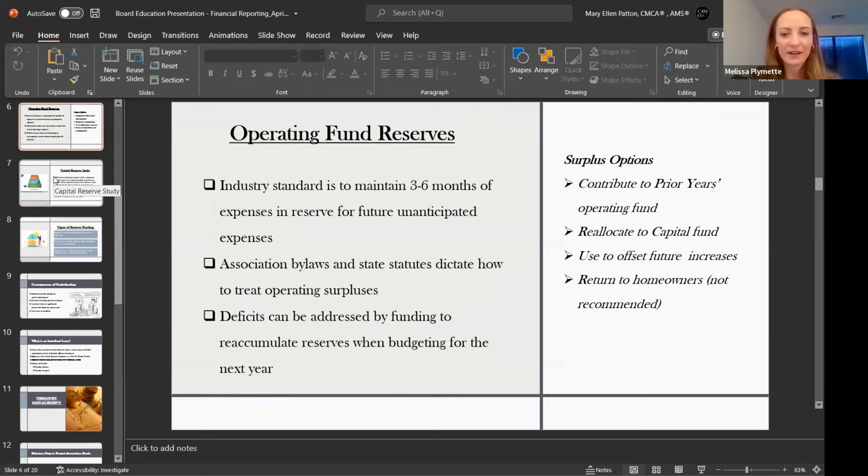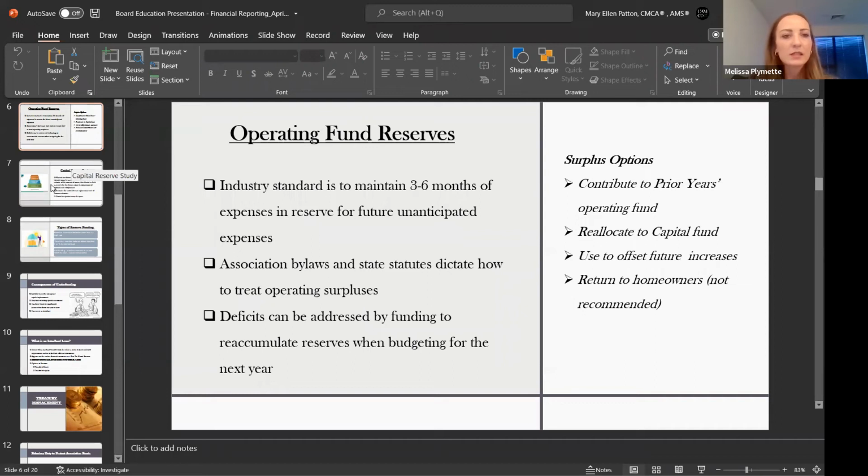If the association is running an operating deficit year over year, there's a couple ways to handle that. This could be incurred by maybe a sudden unplanned expense such as snow removal, and the association might need to replenish their operating account because they just used up a lot of money. So you could implement a one-time special assessment to recoup that money.